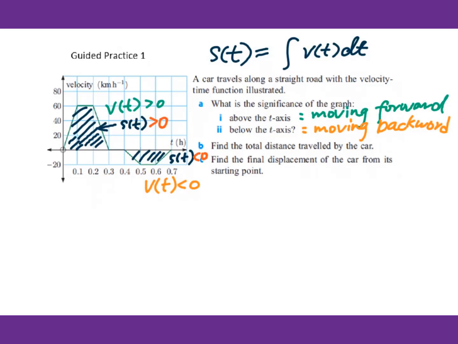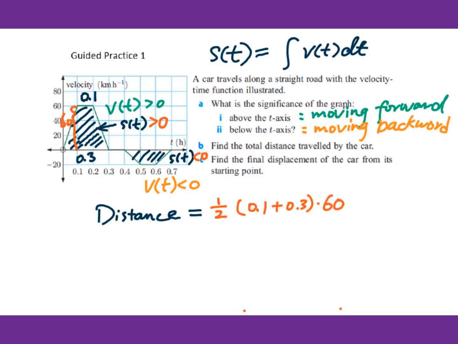Therefore, for the total distance, I will get the area of this trapezoid. That is 0.1, 0.3, and the height is 60. The area of this trapezoid is 1/2 times 0.1 plus 0.3, then times 60. Then we need to add the area of this trapezoid.